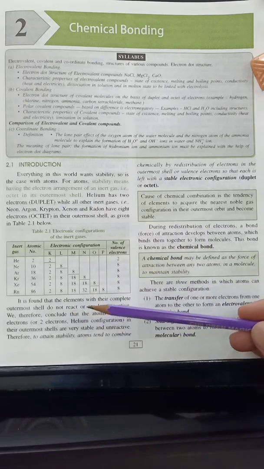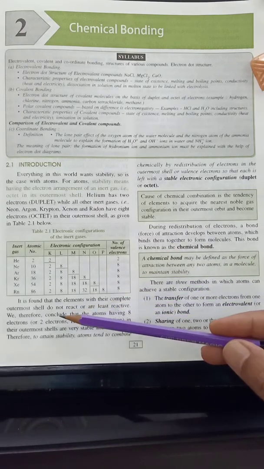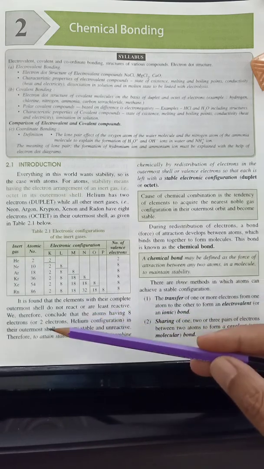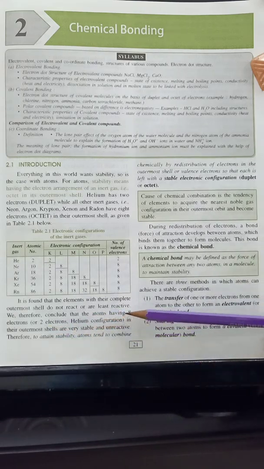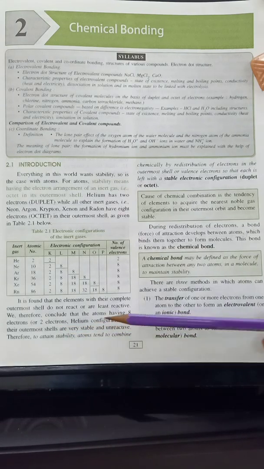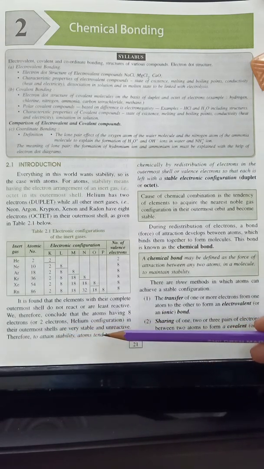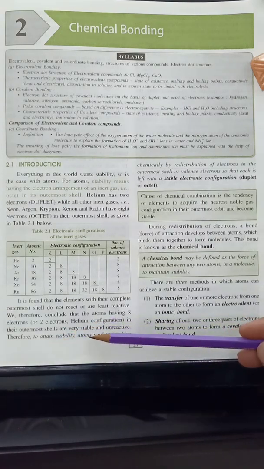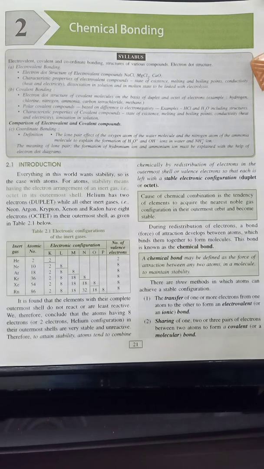Now it is found that elements with their complete outermost shell do not react or are least reactive. Therefore we conclude that atoms having 8 electrons, or 2 electrons in helium configuration, in their outermost shell are very stable and unreactive.